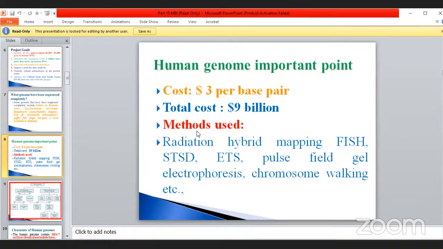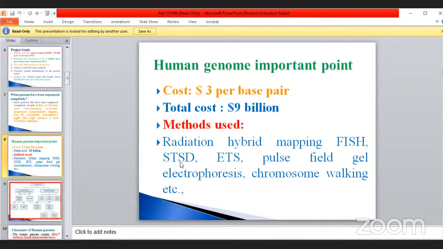So what methods were used for the human genome project? The methods used were radiation hybridization, otherwise called radiation hybrid mapping, FISH, another one called STS, pulse field gel electrophoresis, and chromosome walking, etc. So these are the methods.